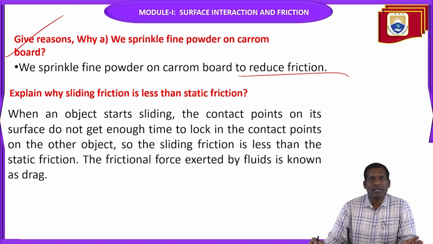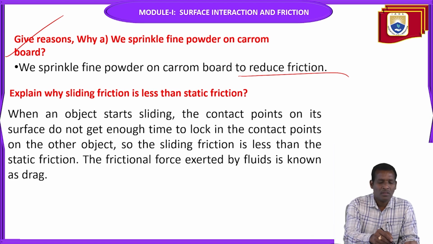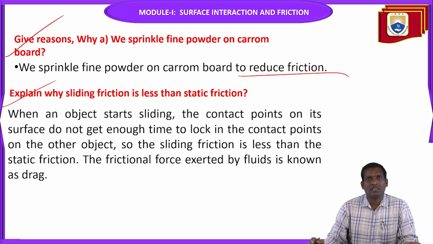Explain why sliding friction is less than static friction. Friction is classified into two types: sliding friction and static friction, which we already studied in the theory part. Why is sliding friction less than static friction? Don't write more than four lines.